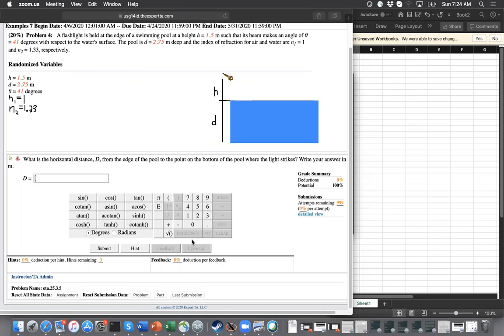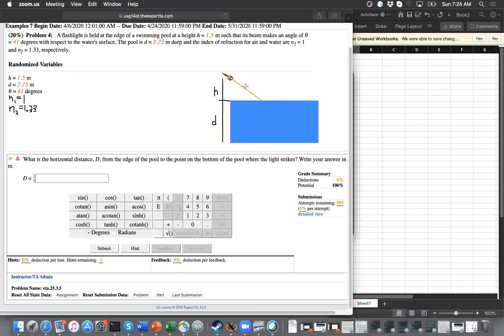Now, the beam of the flashlight starts from height h and goes down to the surface somewhere, and it hits the surface and makes an angle of 41 degrees. For the purpose of drawing, you don't have to be super precise about that, but being reasonably precise is good. So let's make that where it ends up.